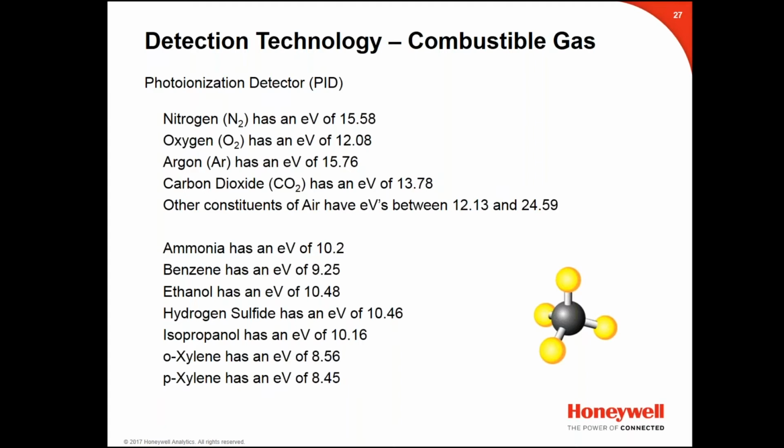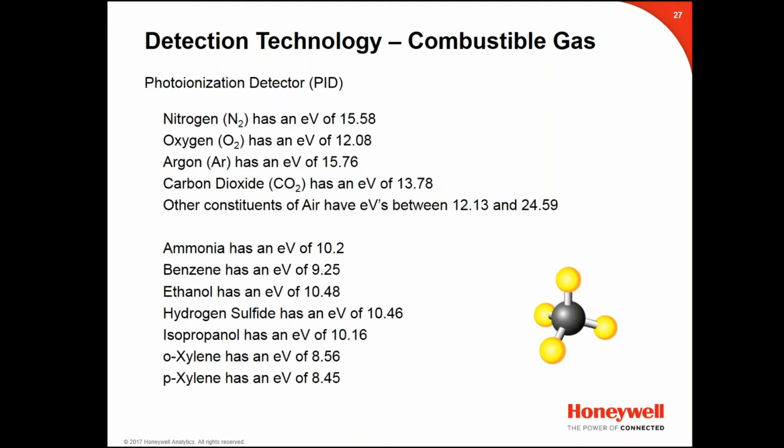Okay, so all of our atmospheric gases that we have listed at the top here, nitrogen, oxygen, argon, carbon dioxide, these are the major constituents of our atmosphere. Their EV, you can see, is greater than 12 in just about every case.